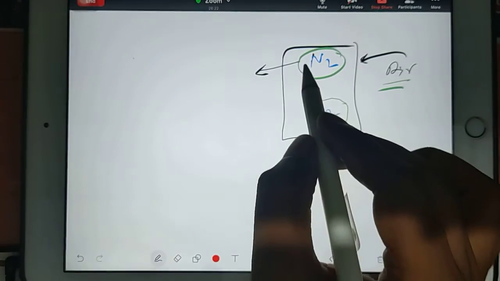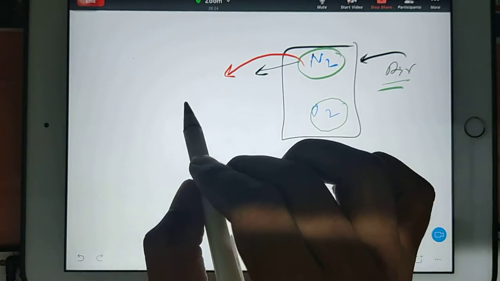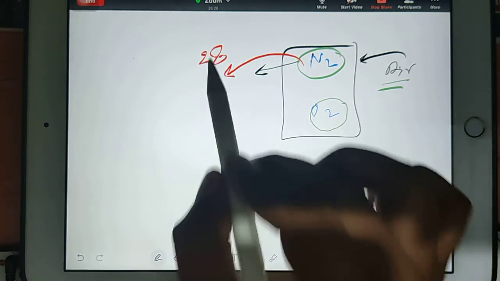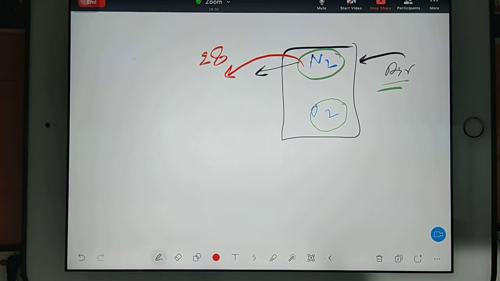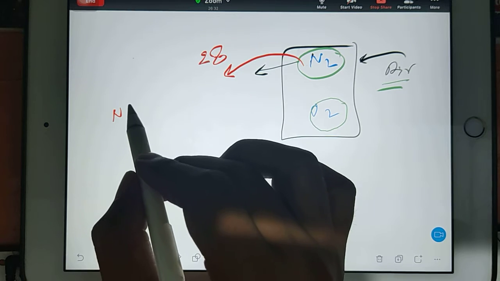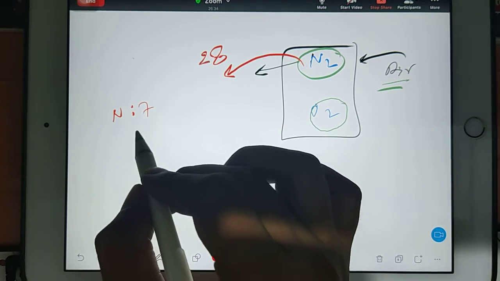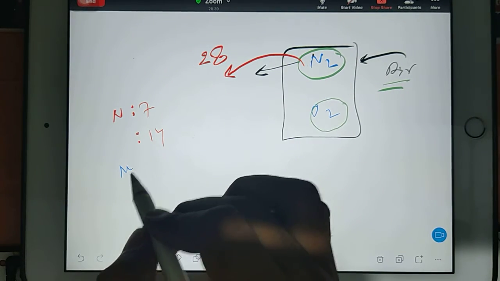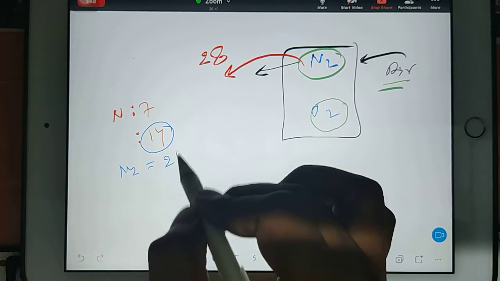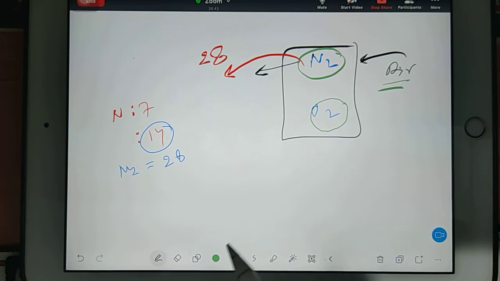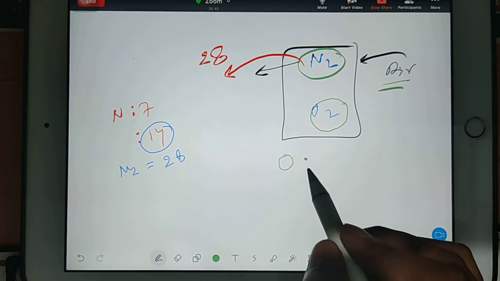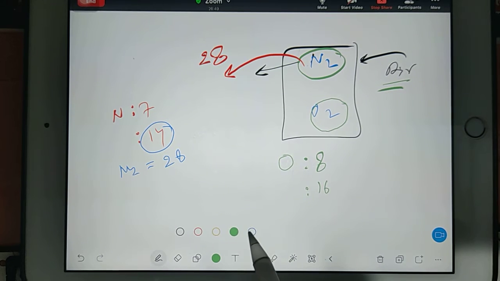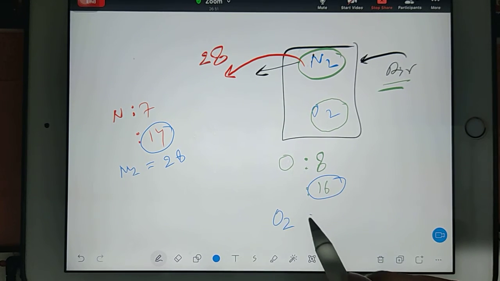You might know that in the case of nitrogen, we use 28, because N has atomic number 7 and mass number 14, so N2 will have mass number 28. O has atomic number 8 and mass number 16, so O2 will have mass number 32.